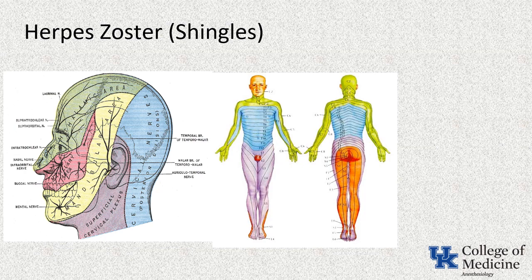You typically see thoracic or lumbar, but you can also see it occurring in the face, in the trigeminal nucleus, so the ophthalmic, maxillary, and mandibular branches, and it can involve 1, 2, or all 3 of those branches. And many times when we see patients in clinic, they actually have a multi-dermatomal distribution.